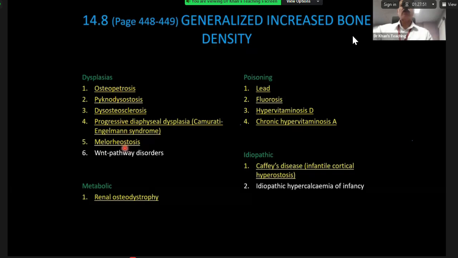And please remember, for ST1s, gradually as you go through the whole curriculum, you have to then learn what will happen here, and you have to then learn what will happen in poisoning, etc. And so finally, 2 years down the road, you might be able to discuss on a particular case what is the cause of increased bone density.